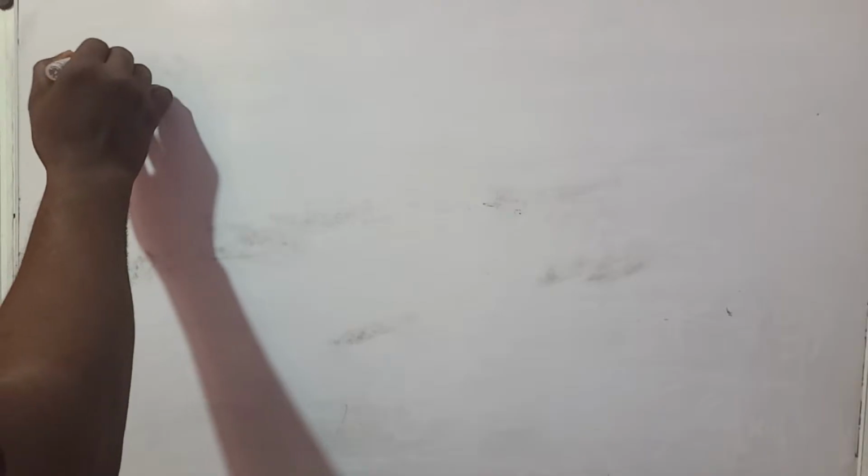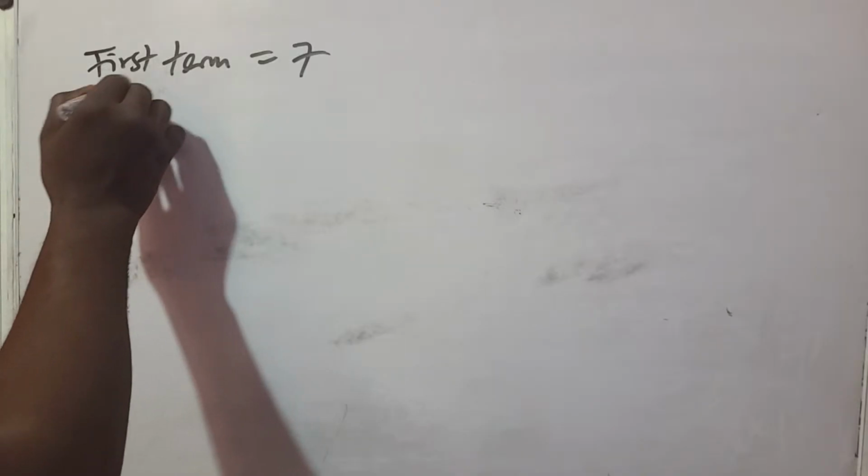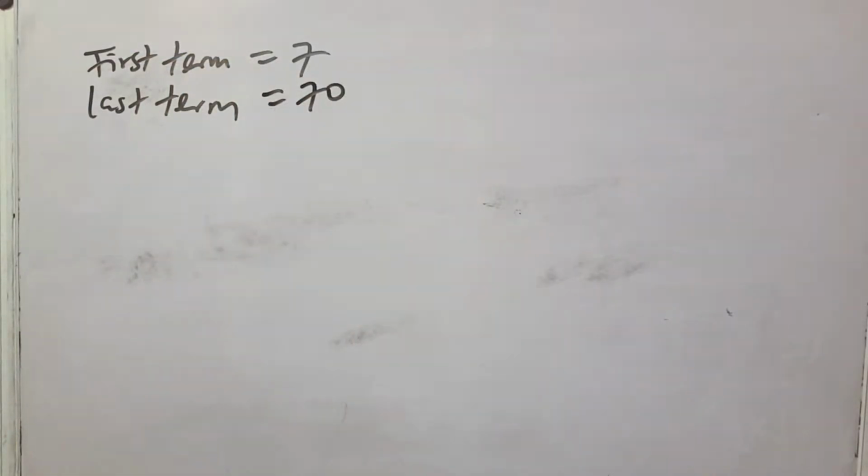The first term of an AP is 7. First term is 7. All right? And the last term of that same AP is 70. The last term is 70.